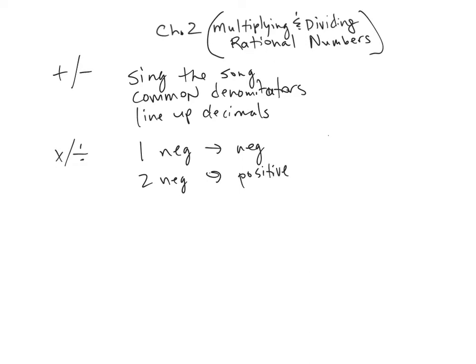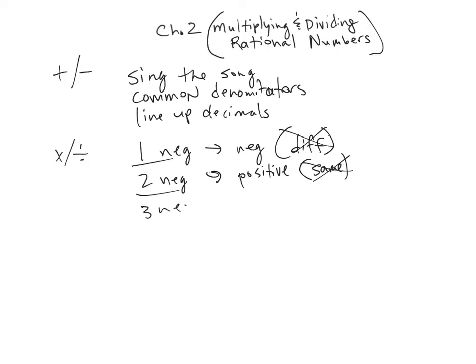So if they have a different sign, it's going to be negative, and if they have the same sign, it's going to be positive. I don't like to use the different and same because it starts to sound like same signs add and keep, different signs subtract. So I actually forget these and just remember one negative is negative, two negatives is positive.